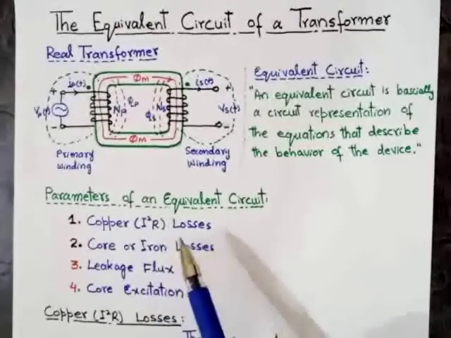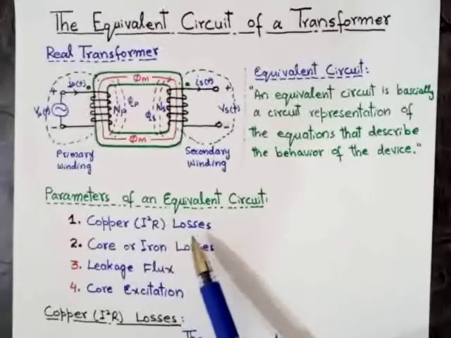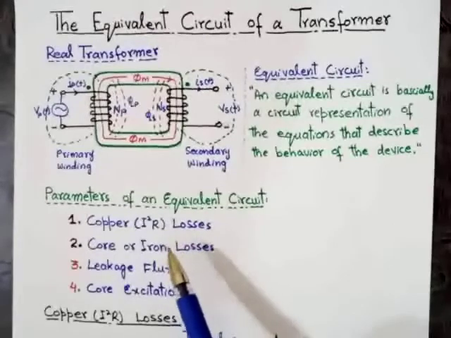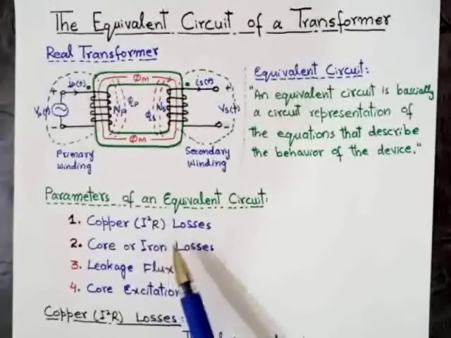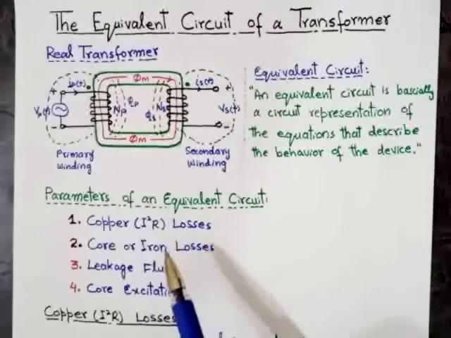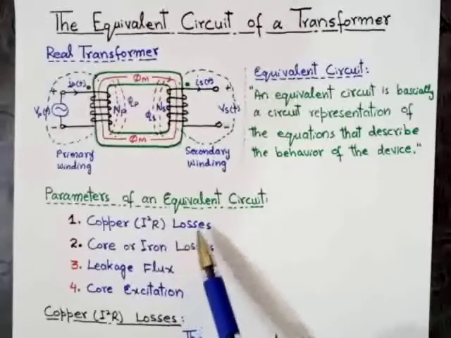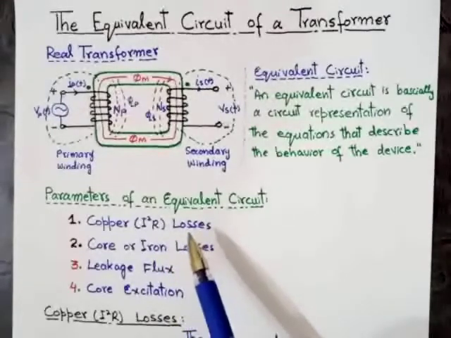These are the different types of losses which occur in a real transformer. First of all, we will discuss the different types of losses step by step, and also the equivalent circuit parameters for each type of loss.